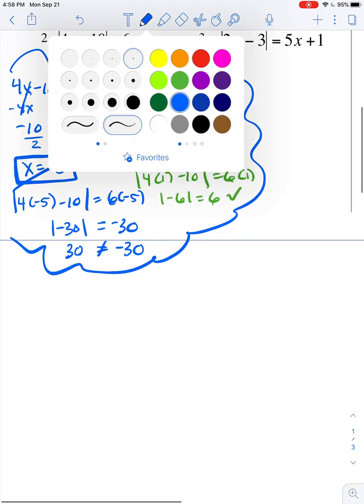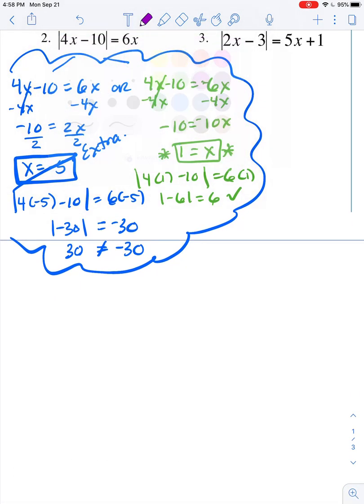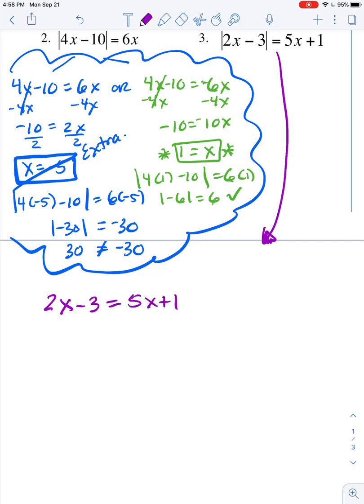So I'm going to cheat, because I clearly am out of room. I'm going to cheat a little bit, and I'm going to take this problem down here. So this is going to be another complicated one where I want to really take my time and say, okay, 2 problems. 2x minus 3 can equal 5x plus 1, just like it is up here.